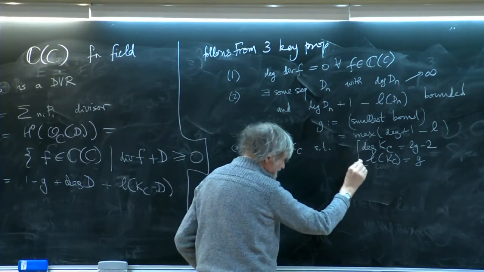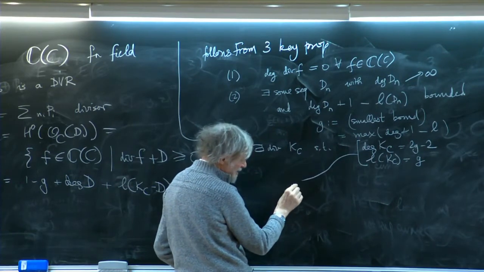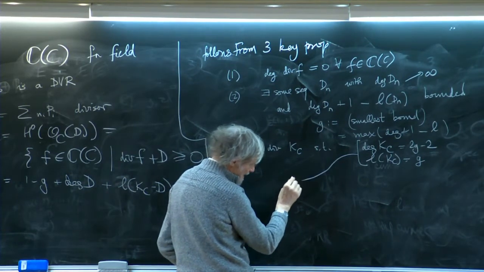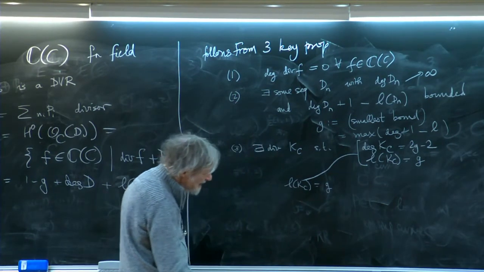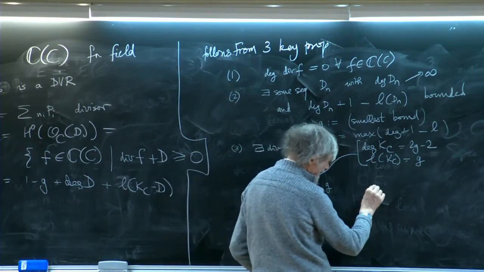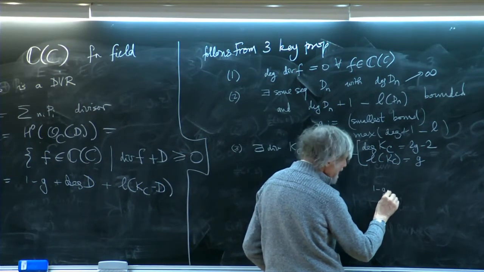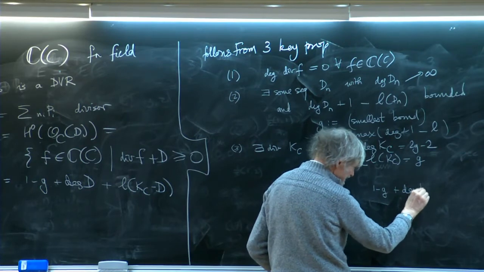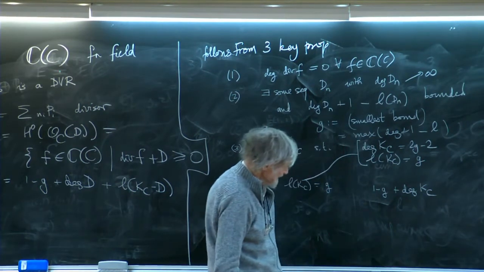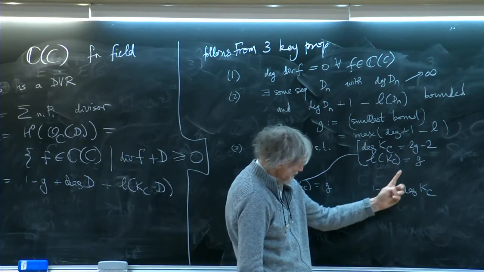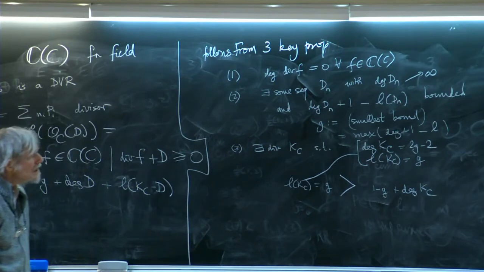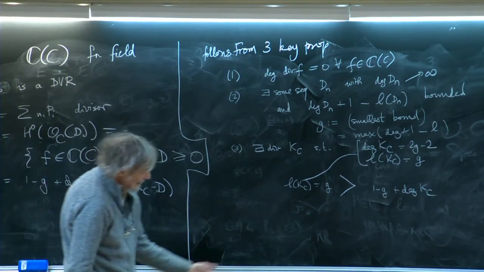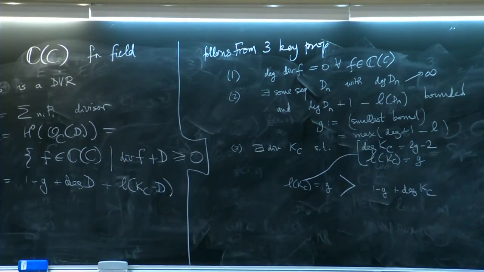When this happens, it means that L(K_C), which is this g thing, if we compare it with 1 minus g plus the degree of K_C, this guy here is g minus 1, so this is strictly greater. And the rest of the argument is all very, very simple if you have this.